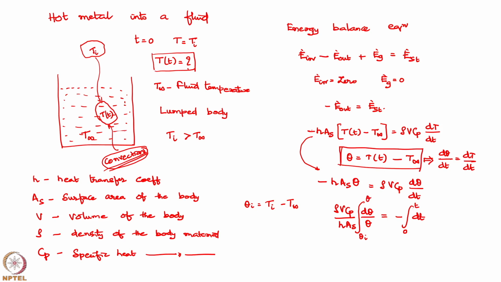Now I will call rho V cp divided by h A_s as tau. A little while from now I will explain why. Integrating, you get tau times log of theta between the limits theta i to theta is equal to minus (t minus 0).